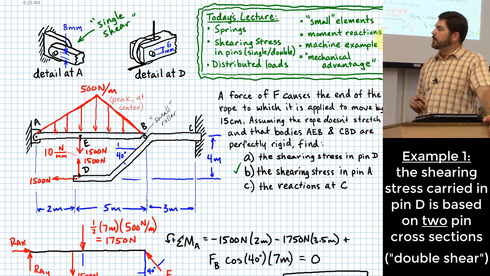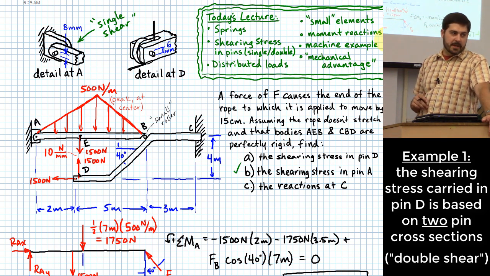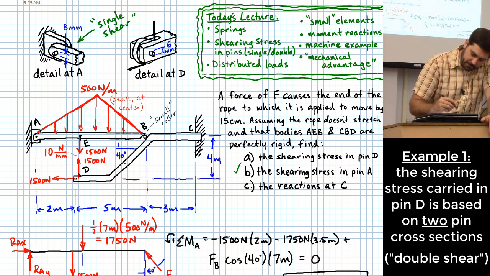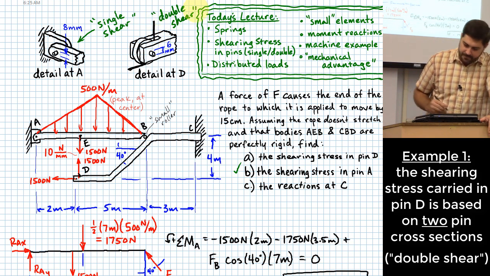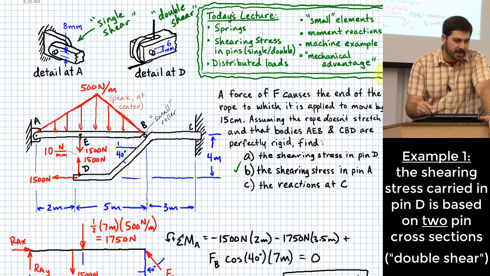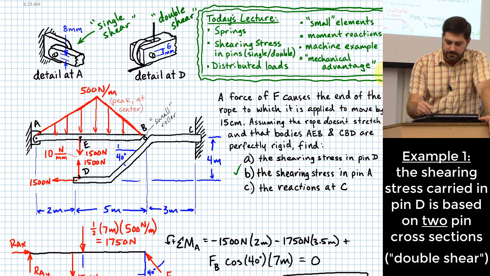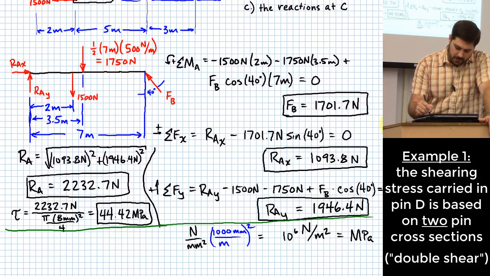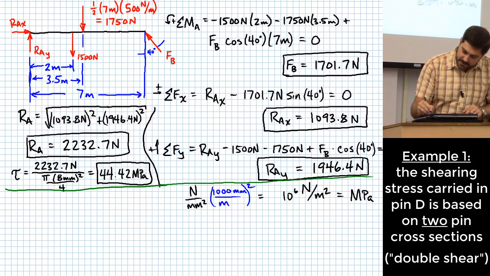But you'll notice that there are 2 places that that pin has to shear for it to come out of that little slot. And so that's one of the reasons this is referred to a lot of times as double shear. And it means we have to double the amount of cross-sectional area when we do our stress calculation, because there's 2 spots on the pin that have to shear for it to be able to come out. Okay? So basically the same idea here.